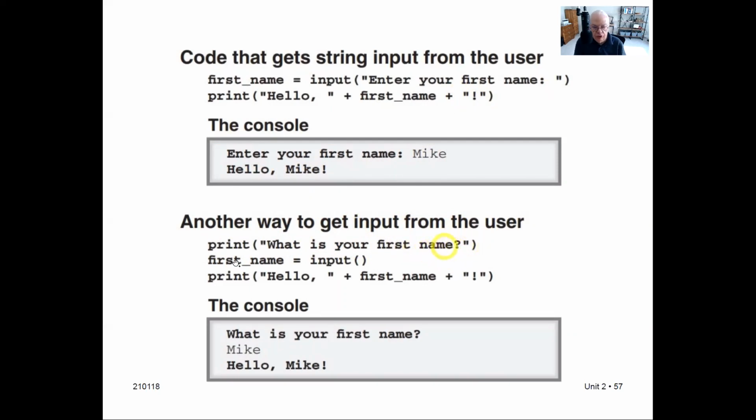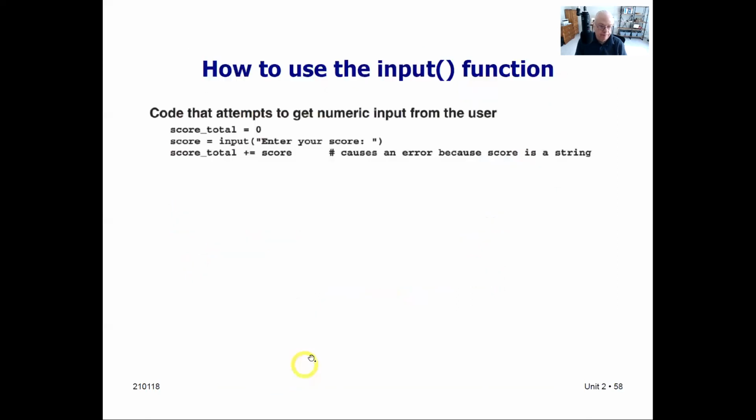We have to give the user some kind of guidance here, because when the input function runs, it's just going to be nothing on the screen. All that's going to happen is the program's going to stop. So Mike will start typing his name. Notice it is left justified here on a new line. And then we can have the same line of code here to output hello, Mike.